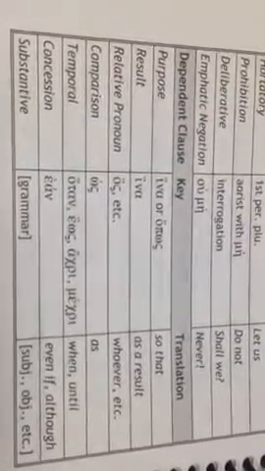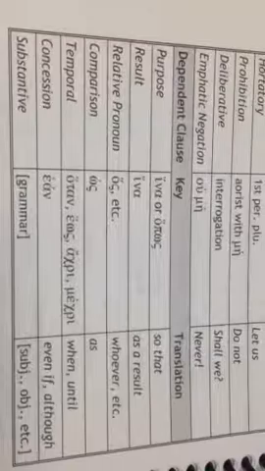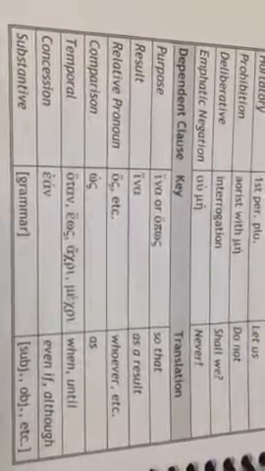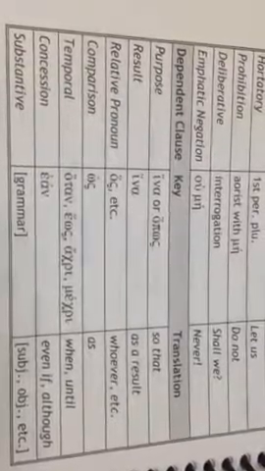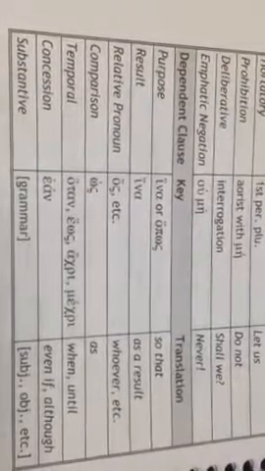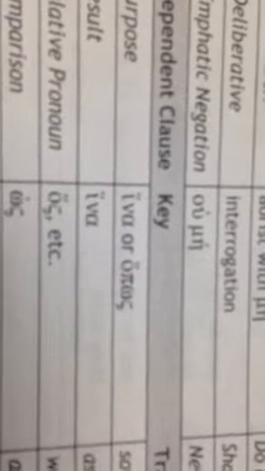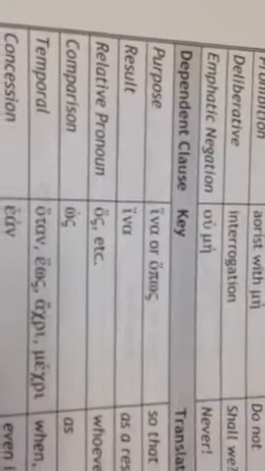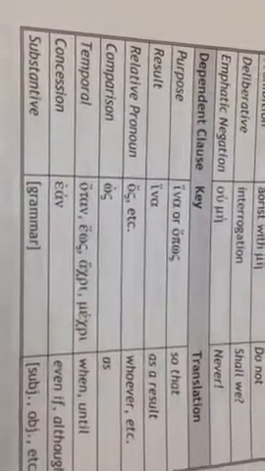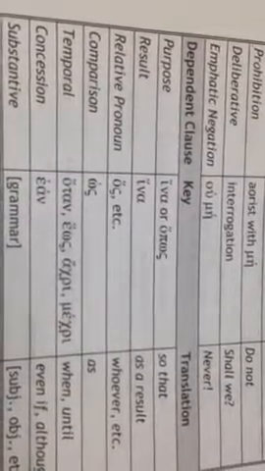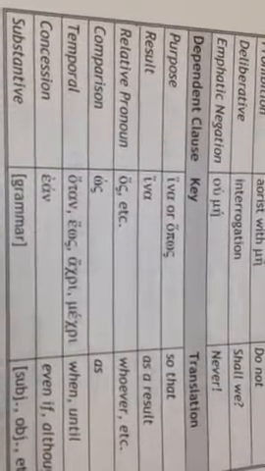So you have a carryover point, a connection point between the clauses that can be such that it's rendered as a purpose of something, and you will translate it so that words that you will see in addition to a verb in the subjunctive would be hina or hopōs. Result, as a result of, you will again have hina. So sometimes in hina it's up to you to decide if it's purpose or result.